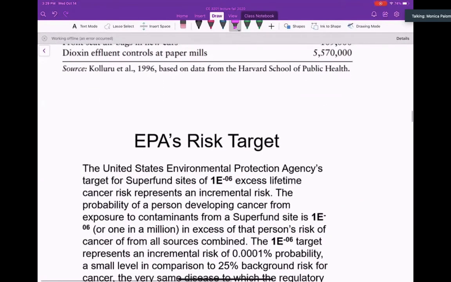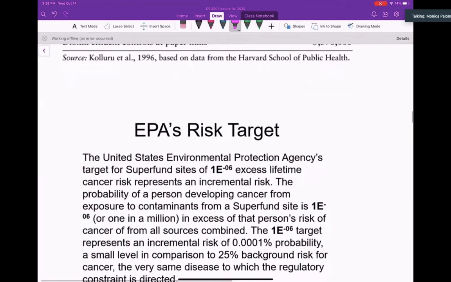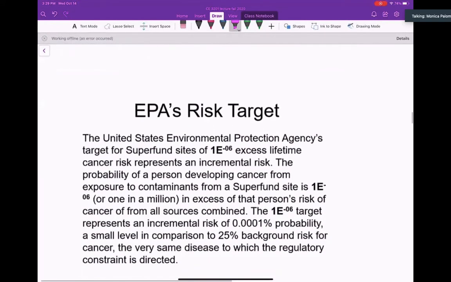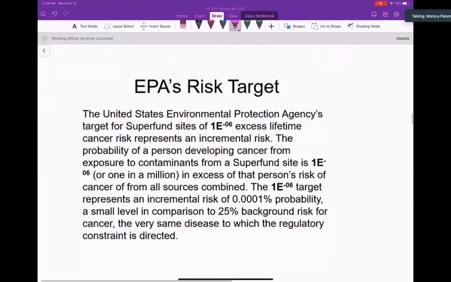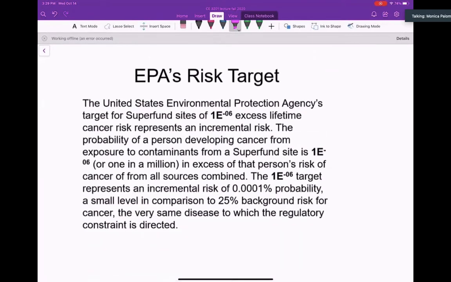Alrighty, so we got here to EPA. EPA regulates the exposure to toxic levels of chemicals, okay? And we care about the risk not exceeding 1 times 10 to the minus 6. So our target risk is 1 times 10 to the minus 6.